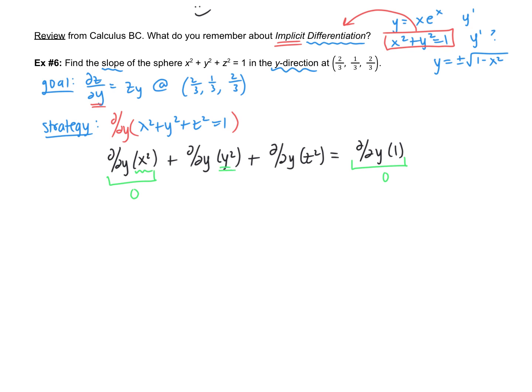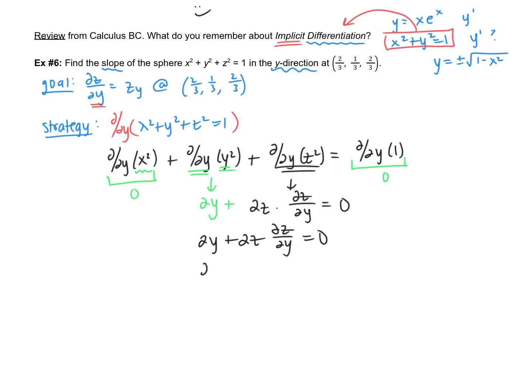The derivative of y squared with respect to y is just 2y. And this is where maybe our brain is a little dusty from last year. The derivative of z squared is 2z, but I differentiated with respect to y. So writing this again, this is 2y plus 2z, the partial of z with respect to y.